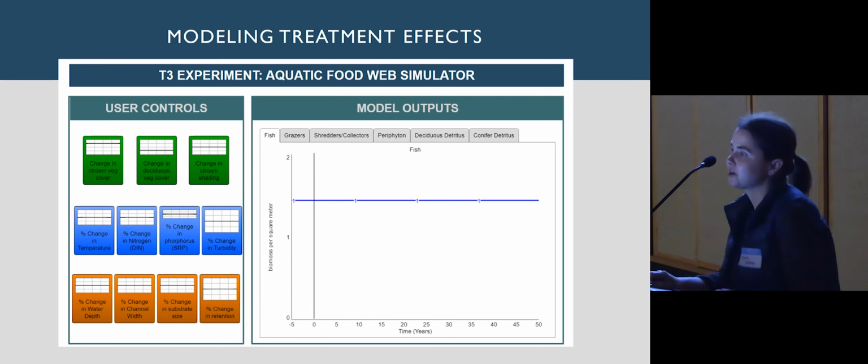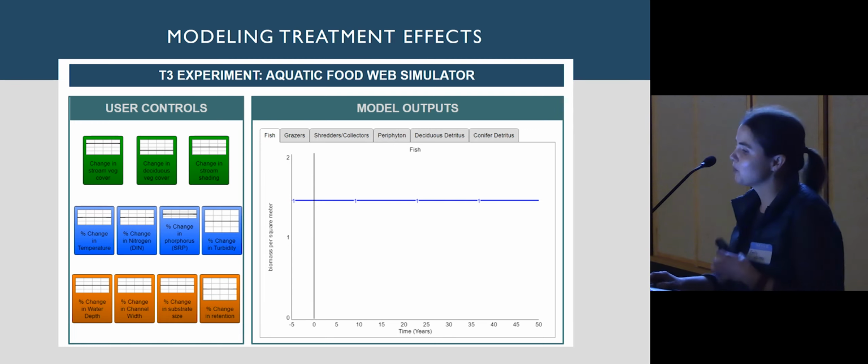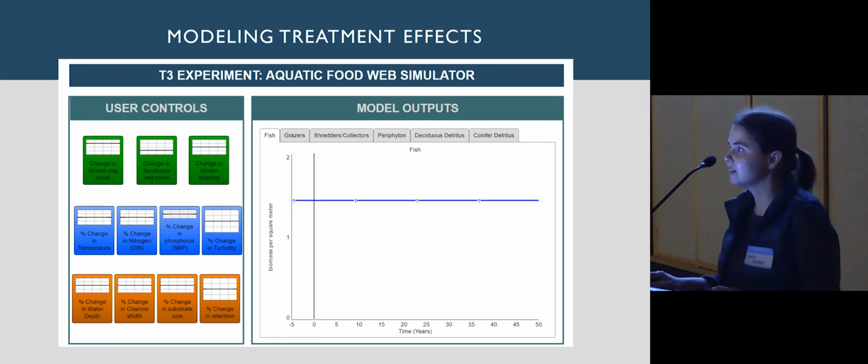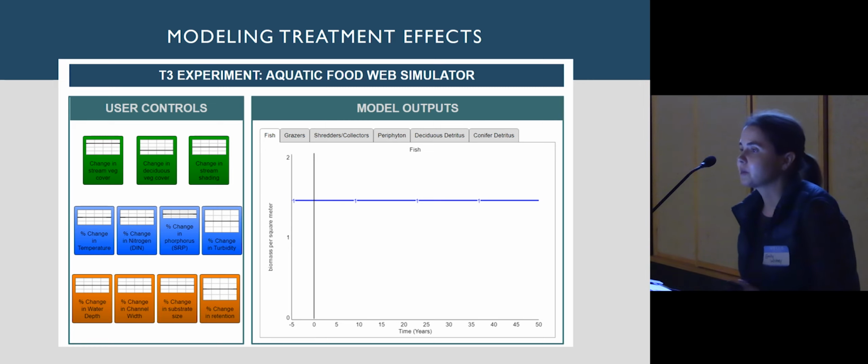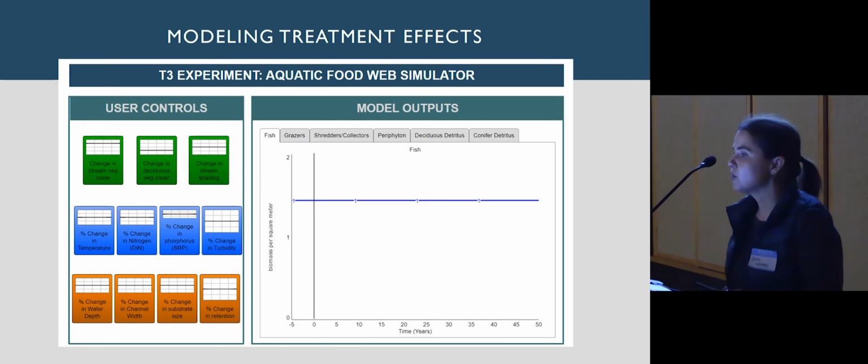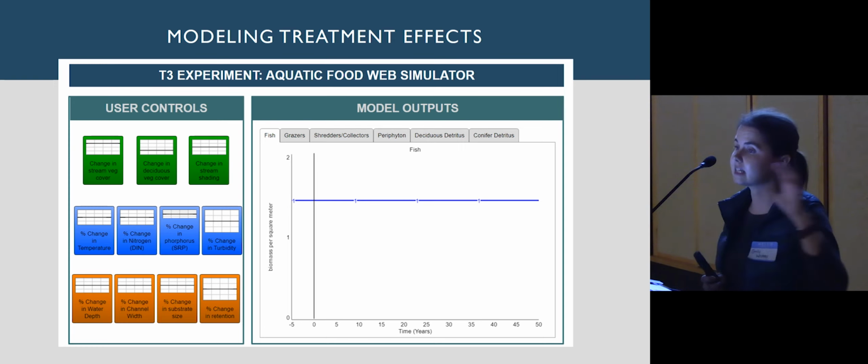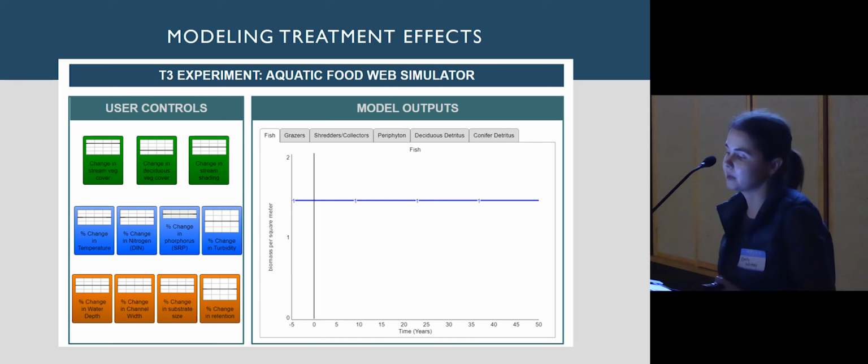All right, so now that you've seen a little bit about what the model looks like and how it runs the sites, let's talk about how we approach these different treatments. A big part of this was a workshop we had last fall where we pulled together people who are familiar with the T3 sites and the area and the different treatments that were being implemented.